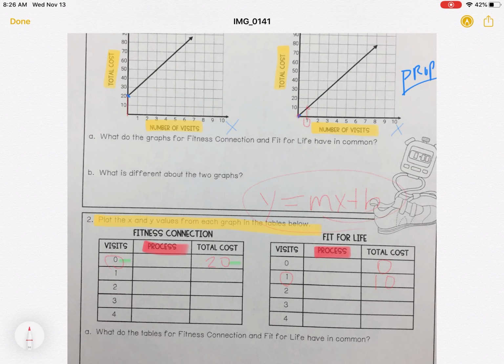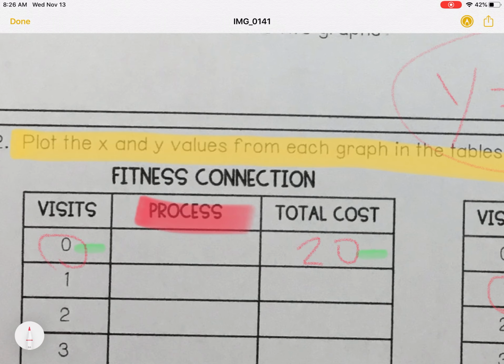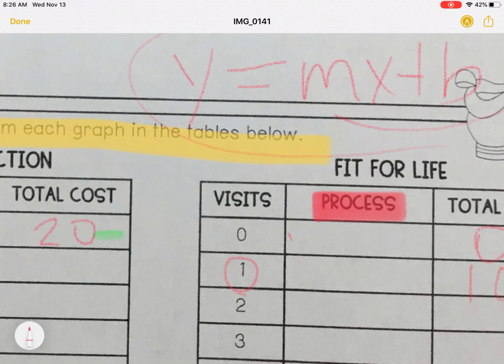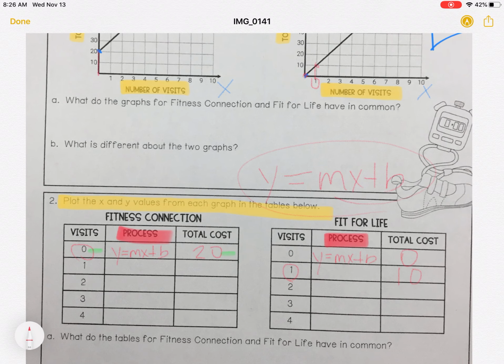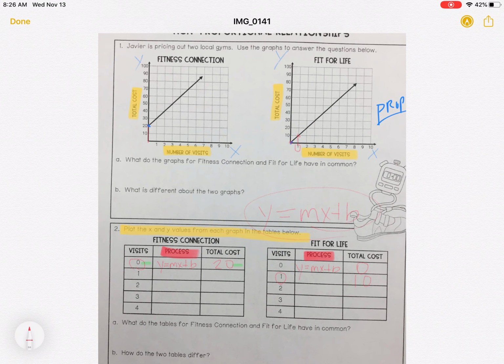If it is proportional, your b is your y-intercept, which means if it's proportional, it goes through the origin. Your y-intercept would be 0. So if I put my process as y equals mx plus b for both, no, I cannot just leave it there. I have to plug in my m, which is my slope, and my b, which is my y-intercept.